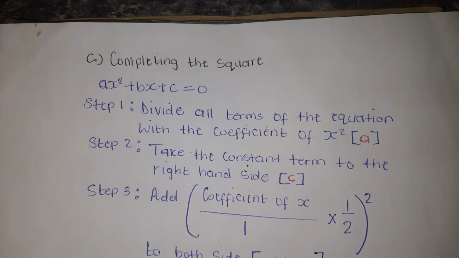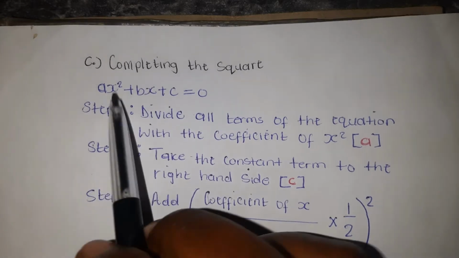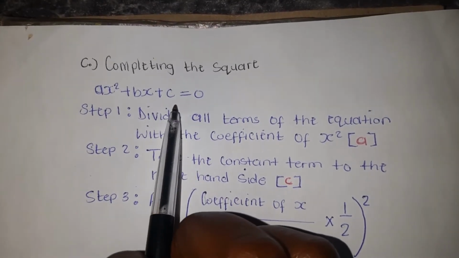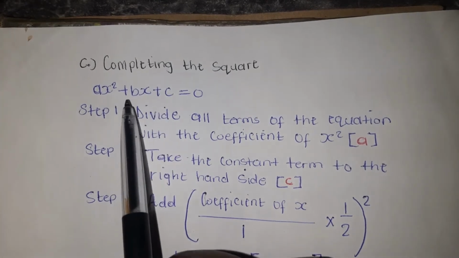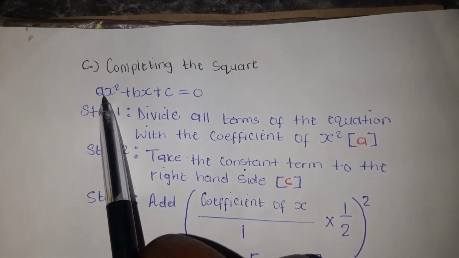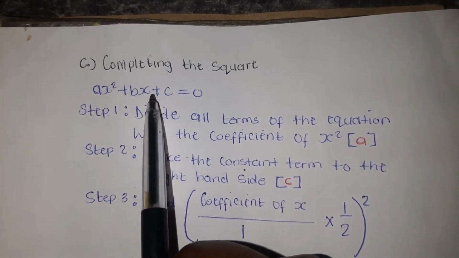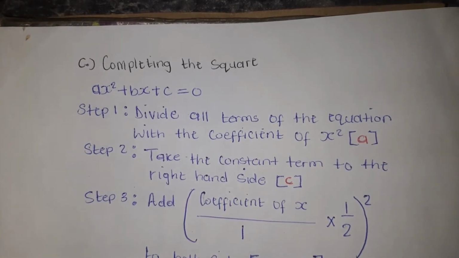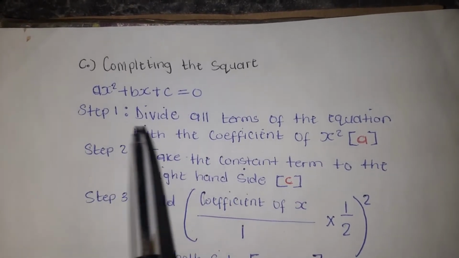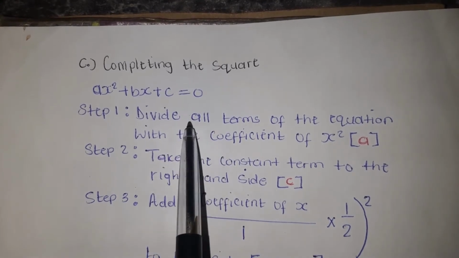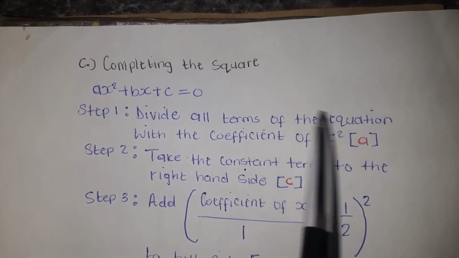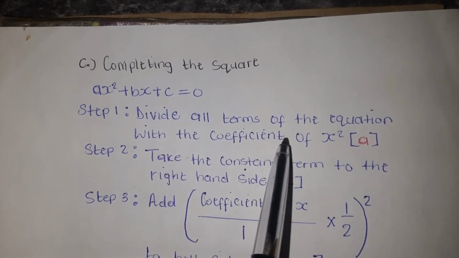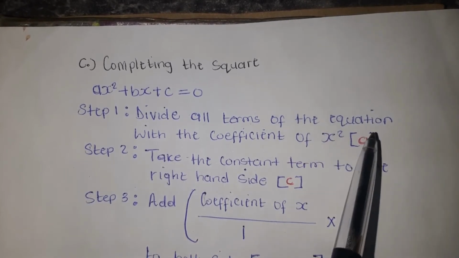We start by writing down the standard form of the quadratic equation, which is ax squared plus bx plus c is equal to 0. So step number 1, divide all terms of the equation by the coefficient of x squared, which is a.